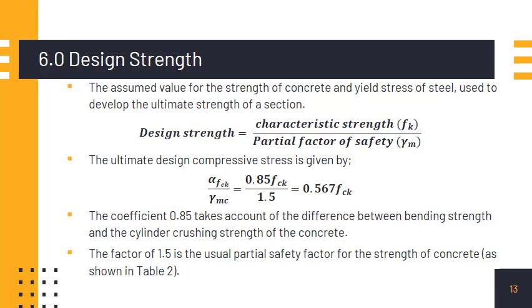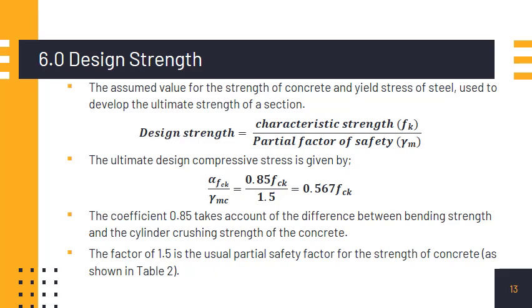Now we look at more critical part in determining for each material what is its design strength. We use formula of design strength equal to characteristic strength divided by safety factor. For ultimate design compressive strength for concrete, we divide characteristic strength of concrete with safety factor of concrete. We know that fck is a concrete characteristic strength at 28 days old concrete. We cannot use this value solely.